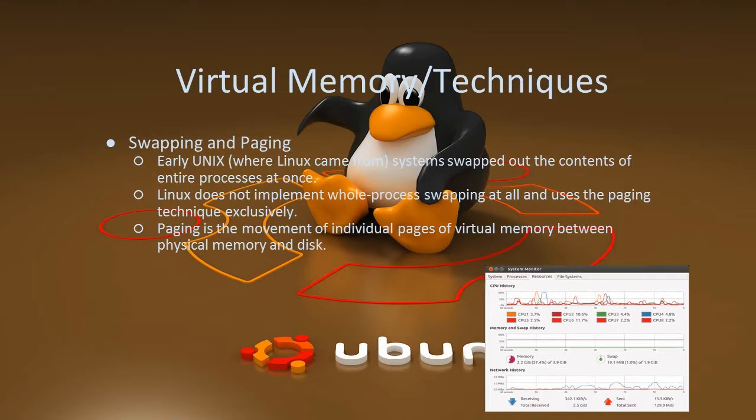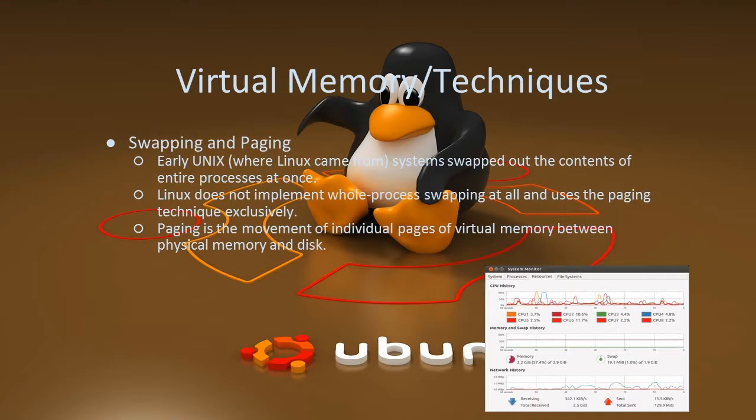And in Linux, they have what's called a swap space, which is the same thing as paging. It's not the same as whole process swapping, as explained earlier, and it is just basically computer memory management involving swapping regions of memory to and from storage.